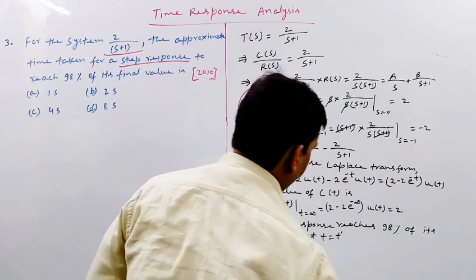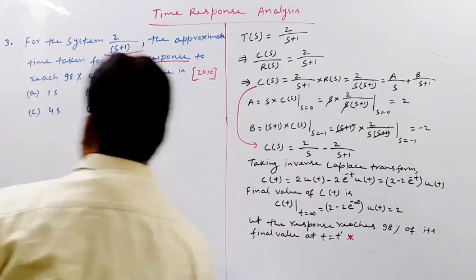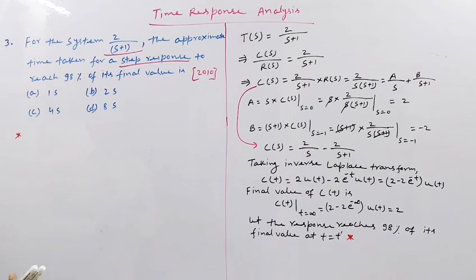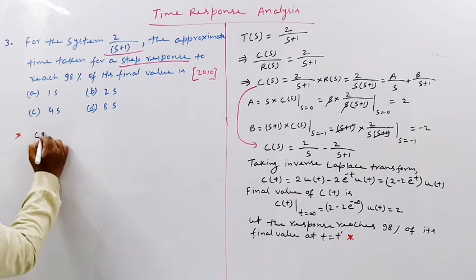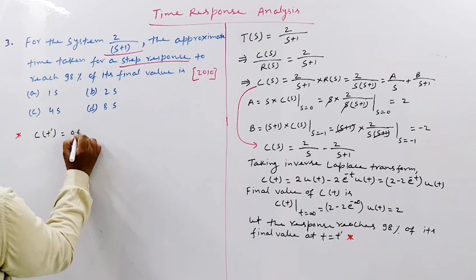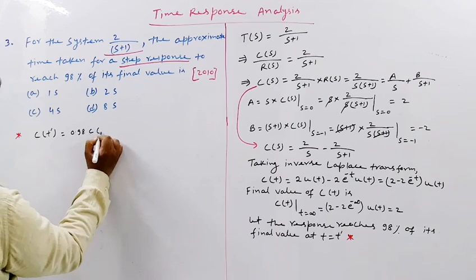Now let me write this side. So now we can say that c(t dash) is nothing but 0.98 multiplied by c(infinity).